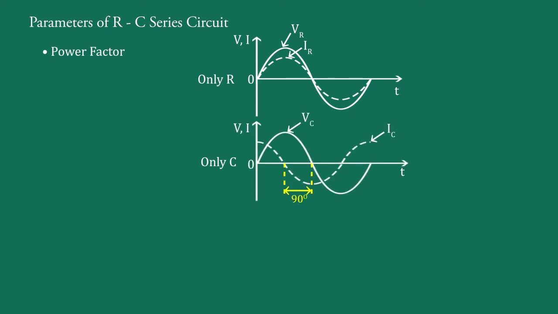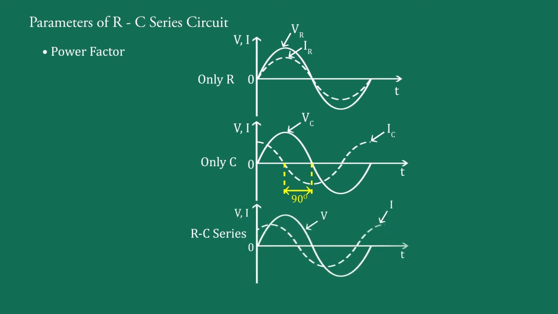And if an alternating sinusoidal voltage is applied across a series of resistor and capacitor, then as in this figure, voltage lags the current by some angle theta in between 0 and 90 degree.